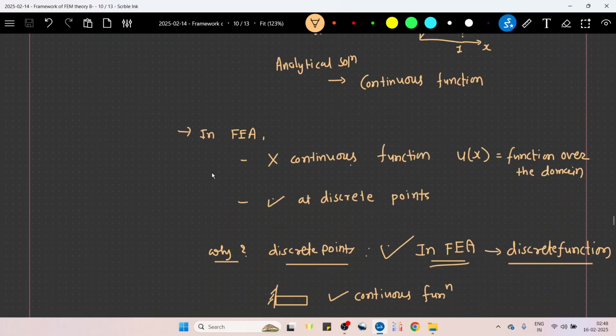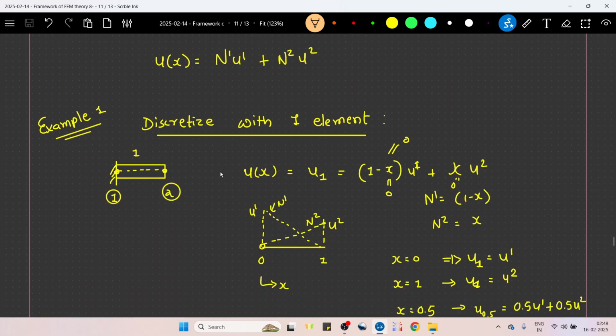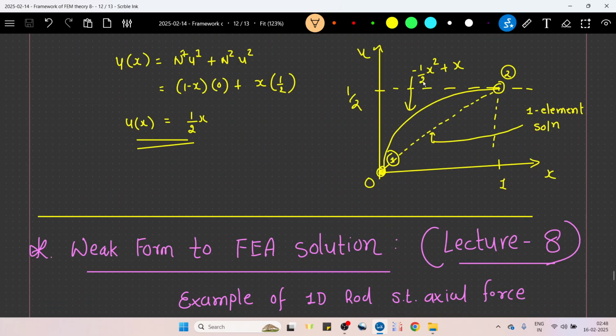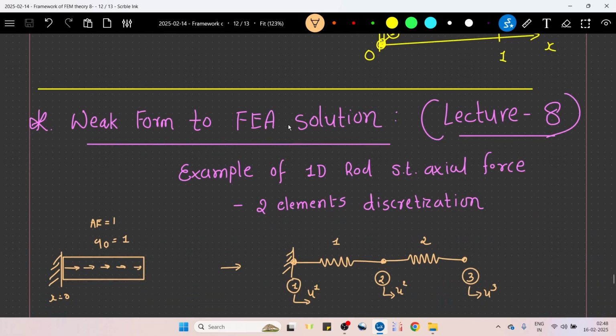We also got the solution, which we compared with our analytical solution, something like this. In this particular video, we'll take the same example and try to understand the weak form to FEA solution, but this time with two elements discretization. So let's get started.